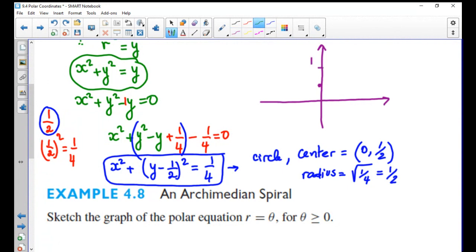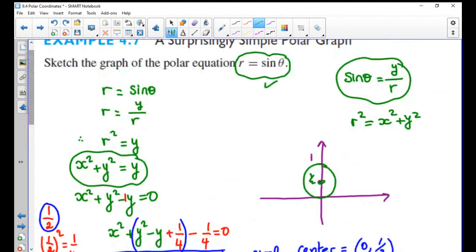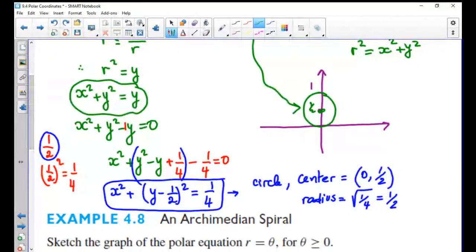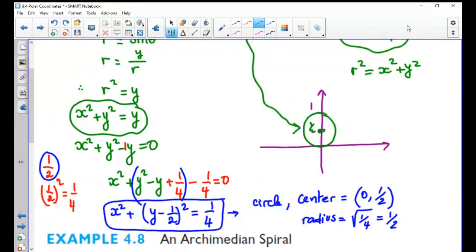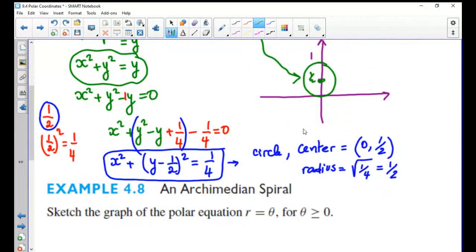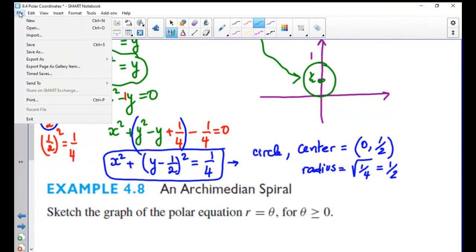So the circle will be here, like this. So that is basically the graph of this equation. And that is the end of this for today. Okay, so we will save this.